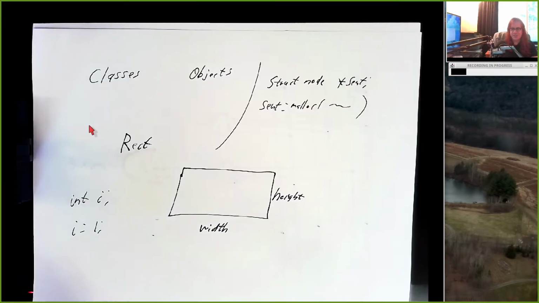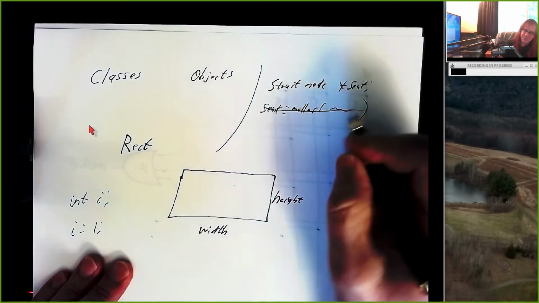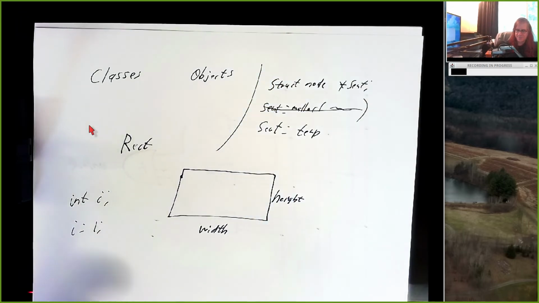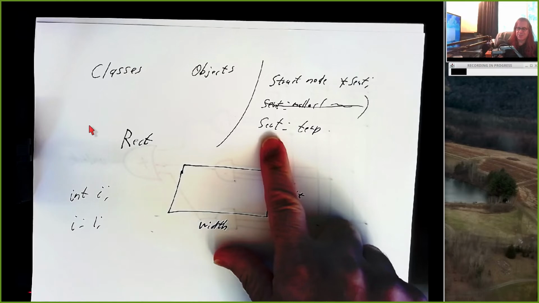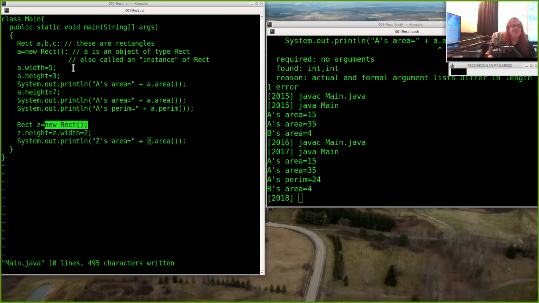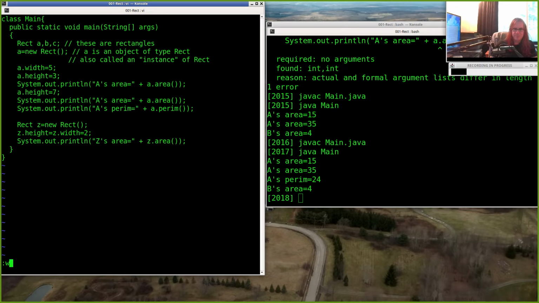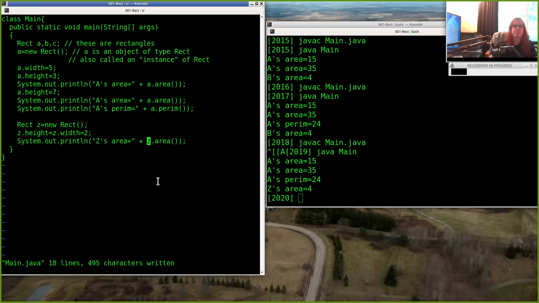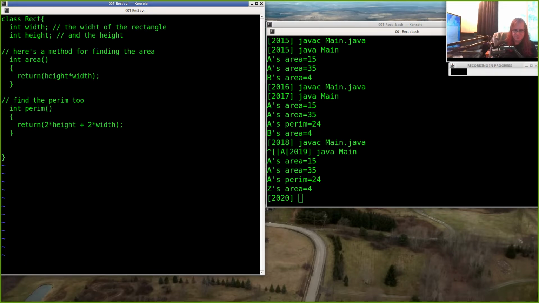Just like in C, we could skip this step if we said sent equals temp. As long as temp has been constructed, we could set this thing equal to it. Same thing here. I could set rect Z equal A, and now Z is referring to the same rectangle as A. So those are the two steps. All right, let's do some weirder stuff.